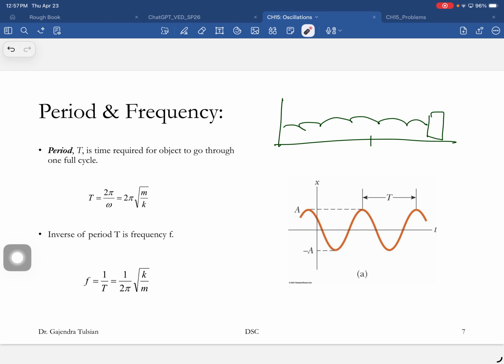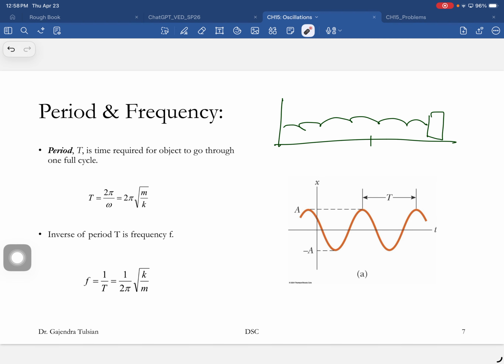And you see the period is given by 2 pi times the square root of m divided by k. M is the mass attached, and k is the spring constant. This makes sense. The heavier the mass, the longer it should take to complete one oscillation, and the stiffer the spring, the less time it should take.